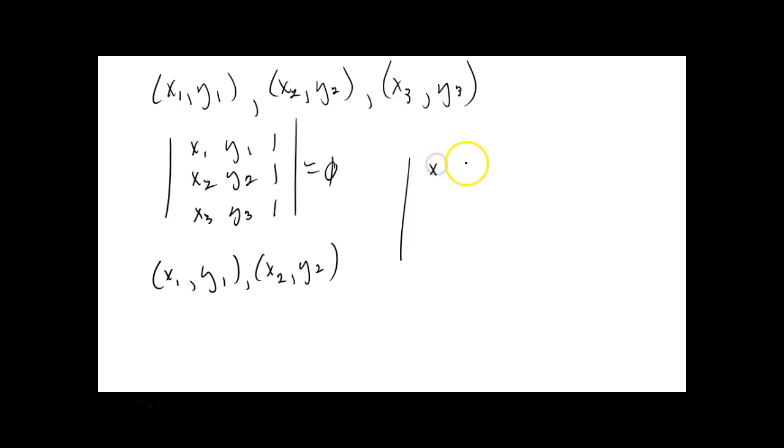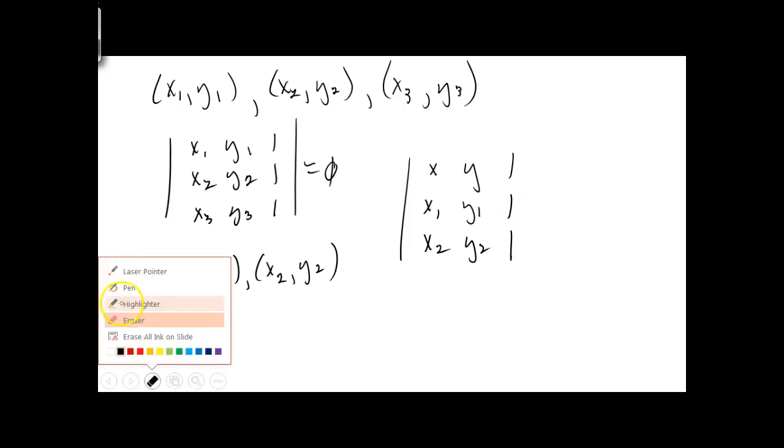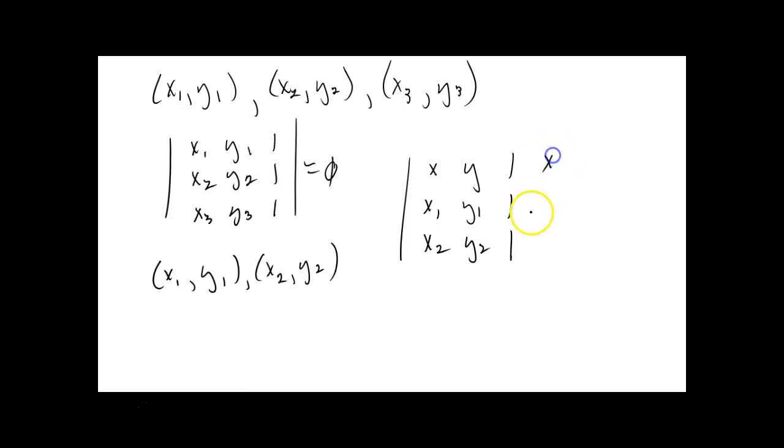It's going to be x, y, 1. Then you put your x1, y1, 1, and your x2, y2, 1. Those are the 2 points. So if you want the equation going through those 2 points, do the determinant. What we'll do is expand that one time. X, x1, x2, y, y1, y2.